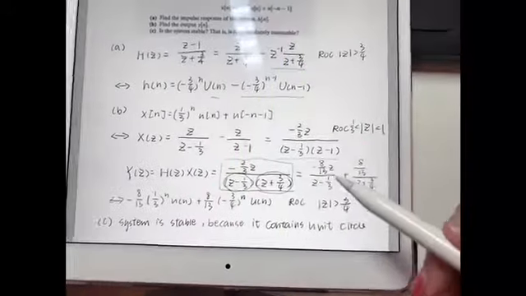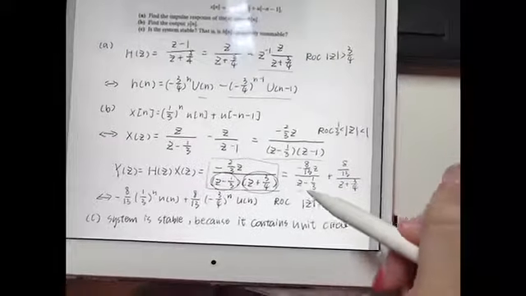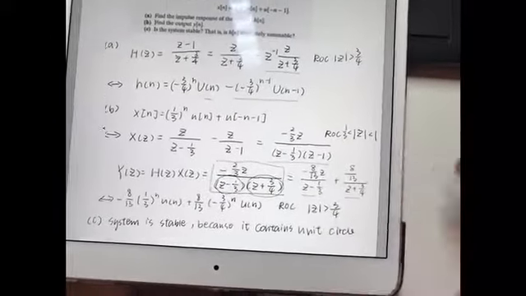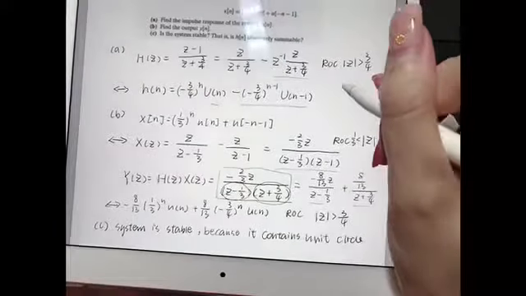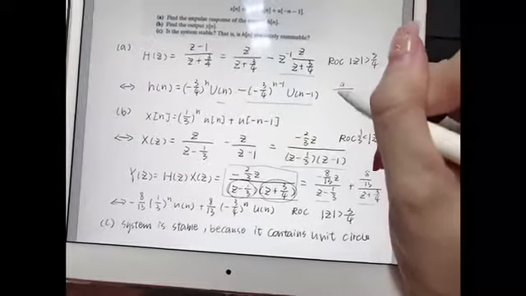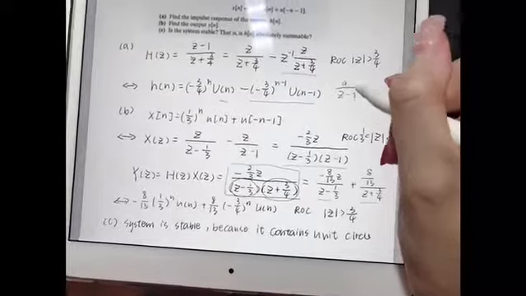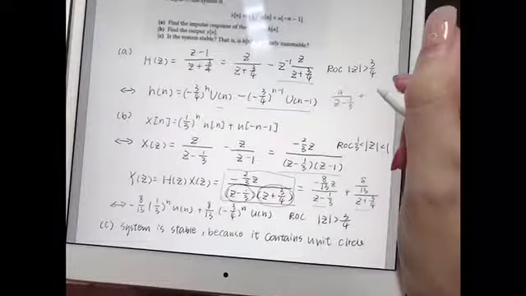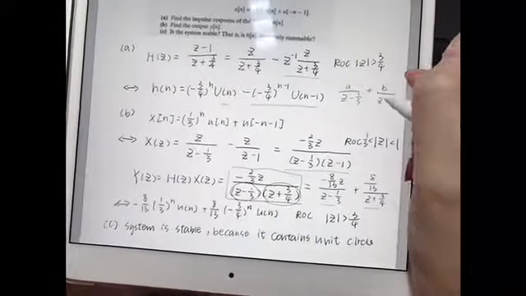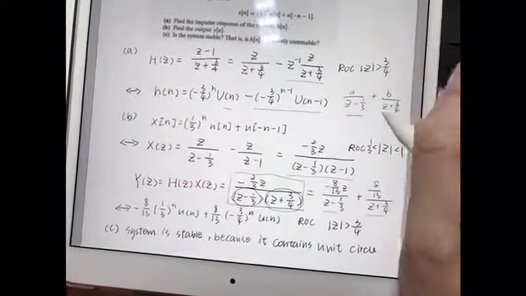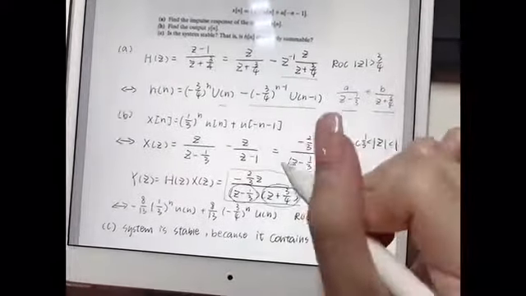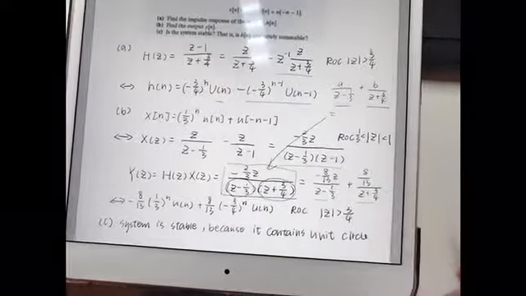To get the numerators of these two parts, we can let the first numerator be A and the second numerator be B, and this one plus this one will equal the original one.